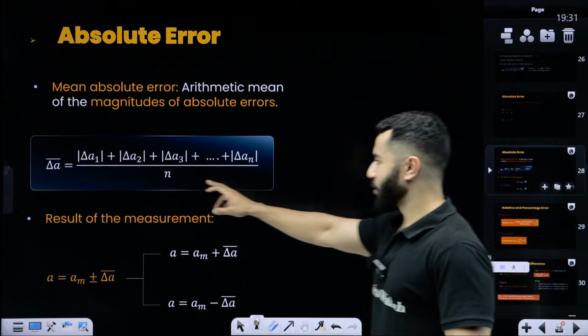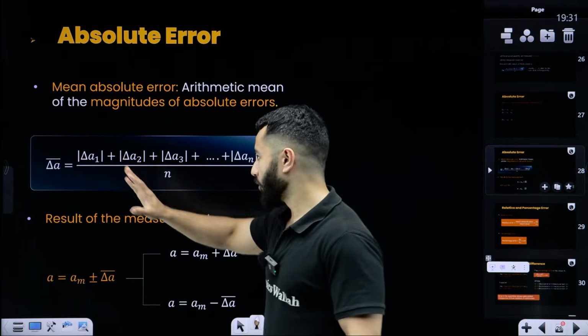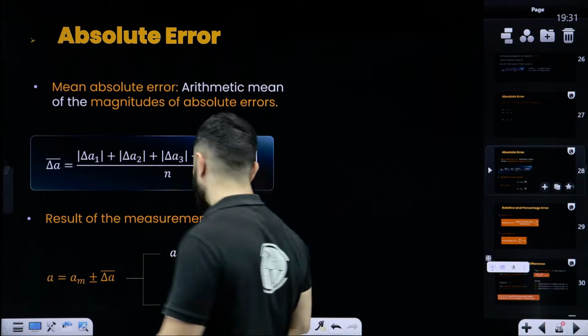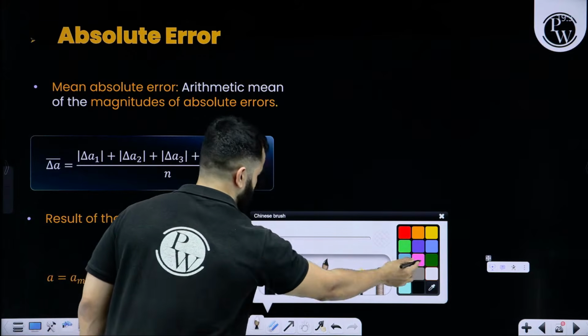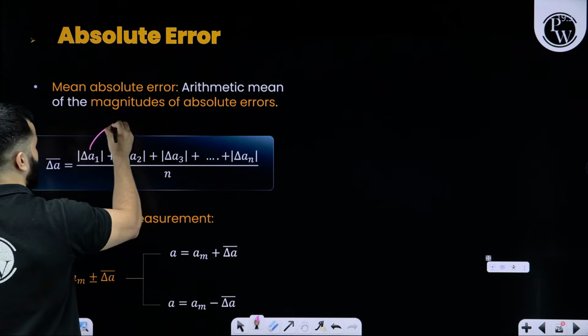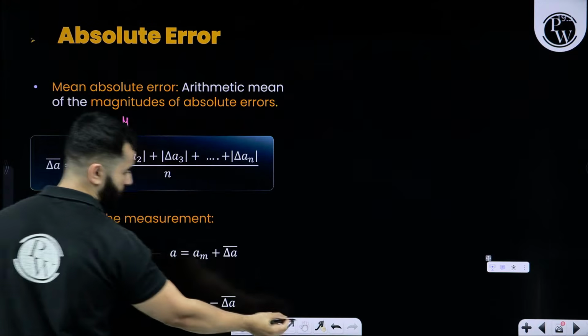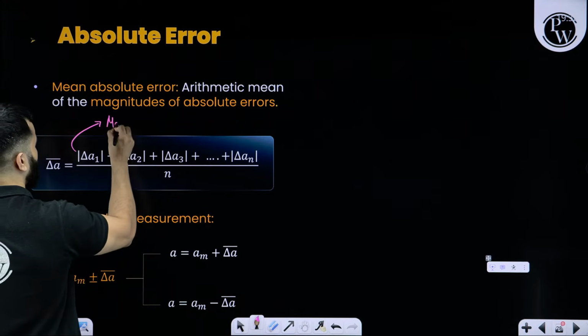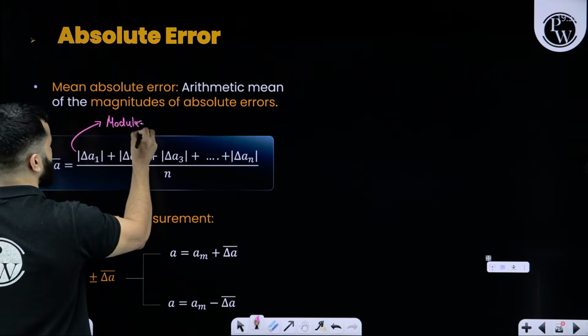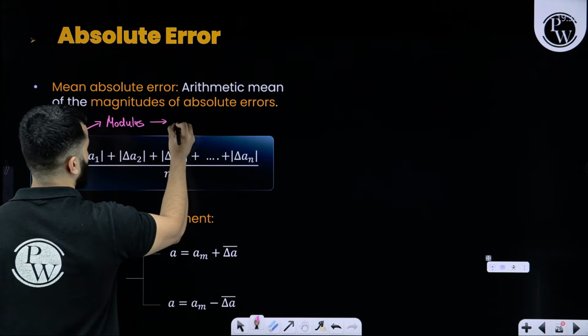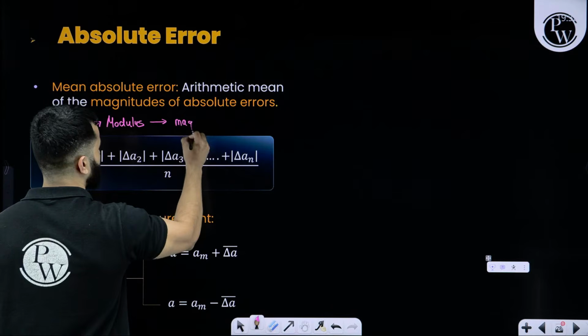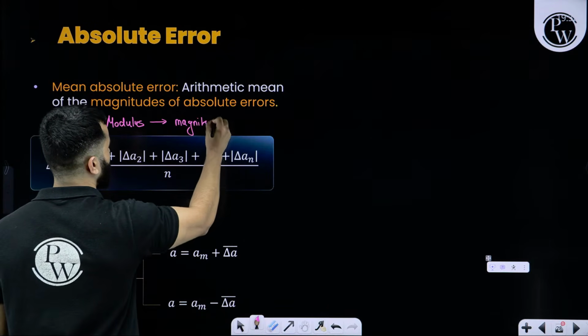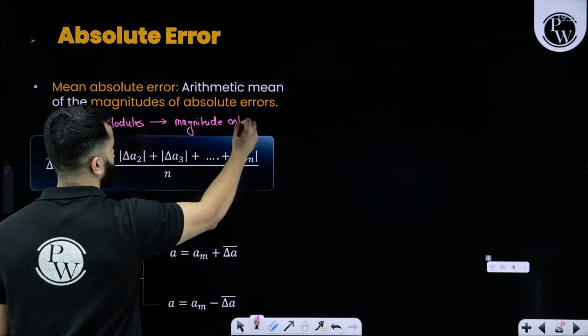This is mean absolute error. So the only point is, take the magnitudes only. These mods are because of modulus, because we want to take only magnitude, right?